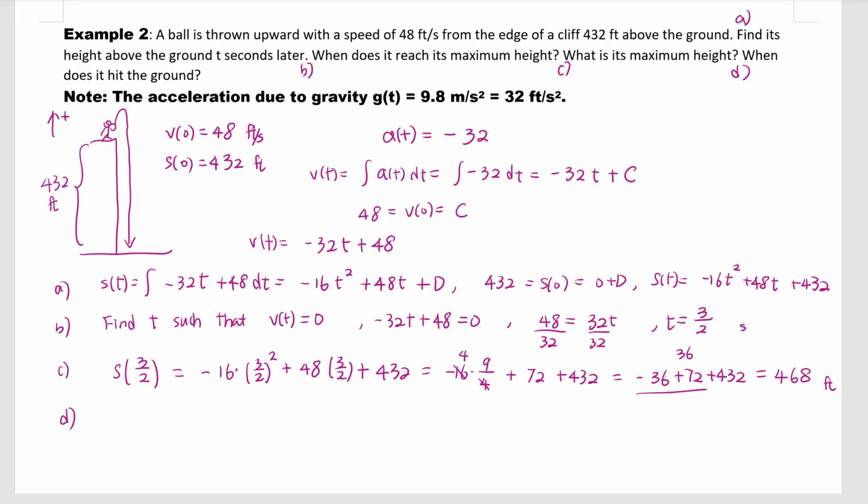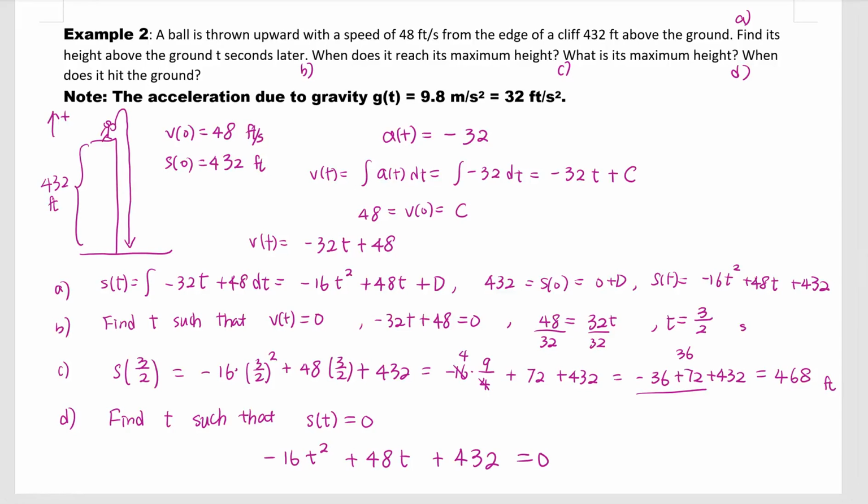And when does it hit the ground? What is special when it hits the ground? The height is 0, right? So we want to find the t such that the height is 0. So negative 16t squared plus 48t plus 432 equals 0.